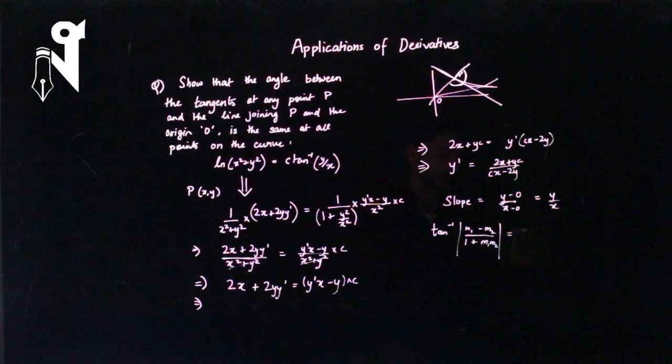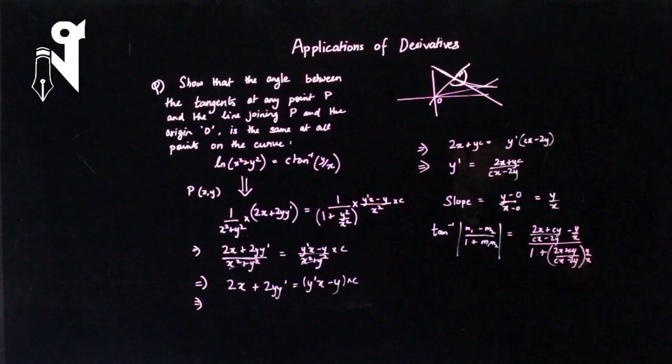So I have (2x plus cy) by (cx minus 2y), minus y by x, whole thing divided by 1 plus (2x plus cy) by (cx minus 2y) into y by x.